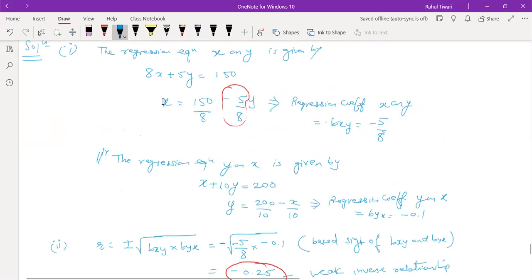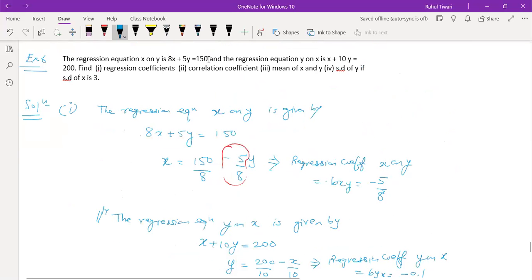What I'm trying to say. These are the two equations I have. One will be this and one will be this.